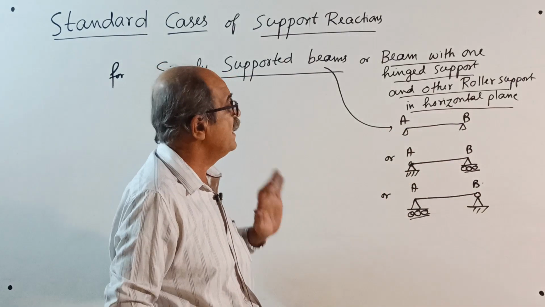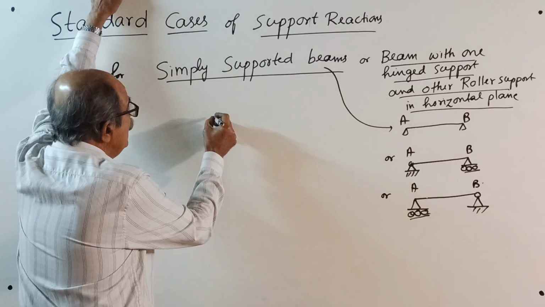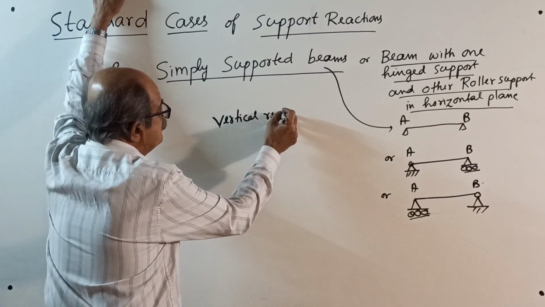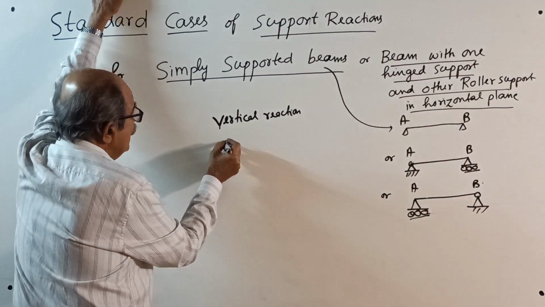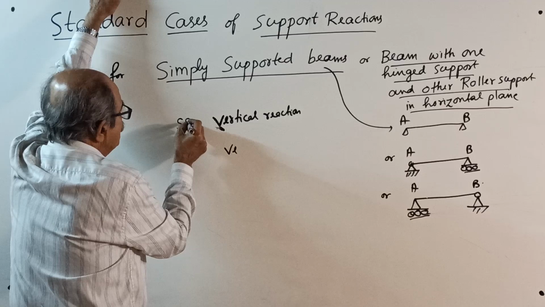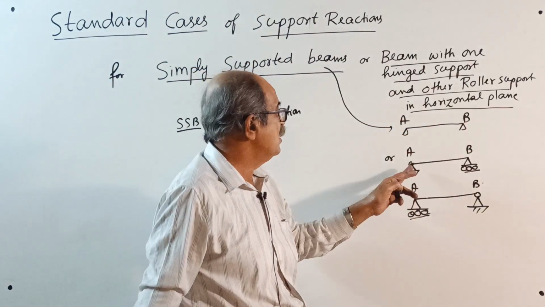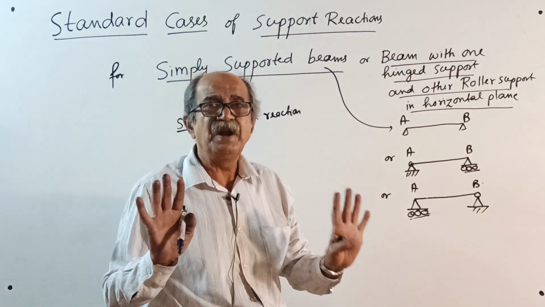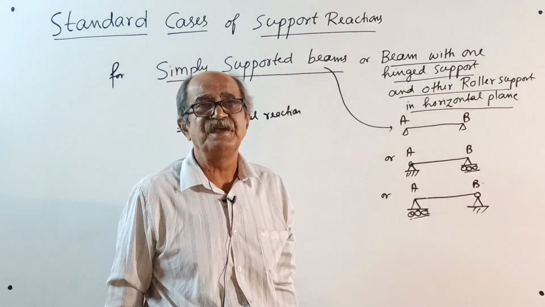Now, one note you have to write: we are bothered only about vertical reaction for a simply supported beam, and later for cantilever. For a simply supported beam, whether it is simple supports, or hinge and roller, or interchanged, we are bothered only about vertical reaction, which is required for SFD, BMD, deflection, bending stress, etc.